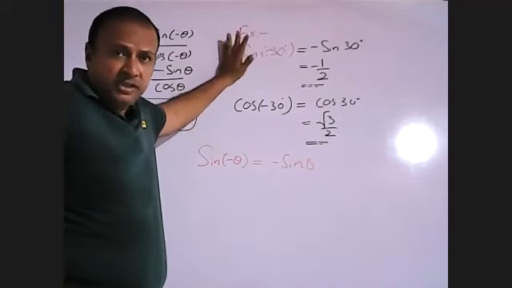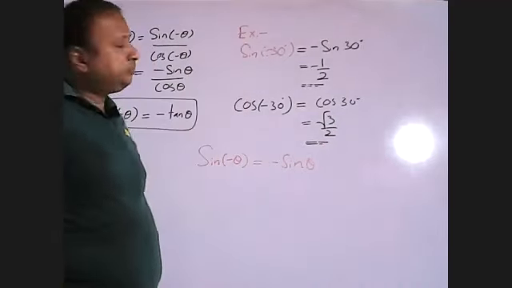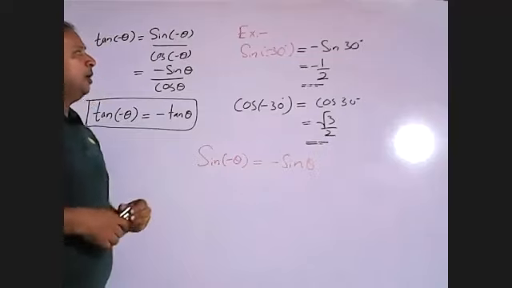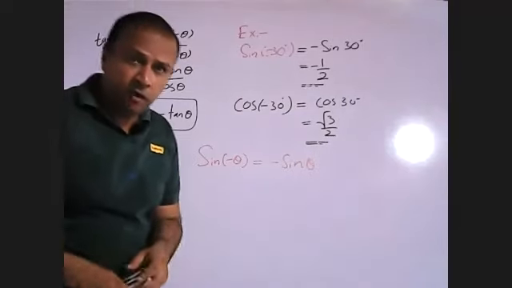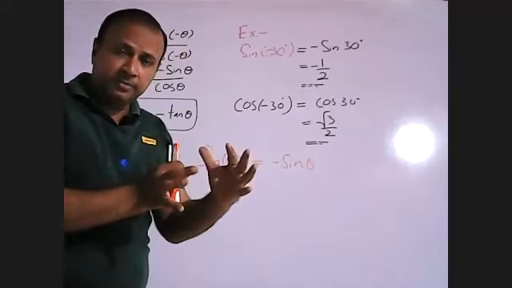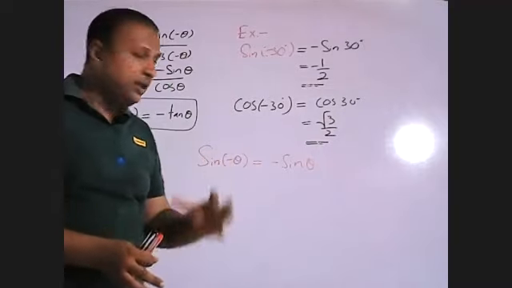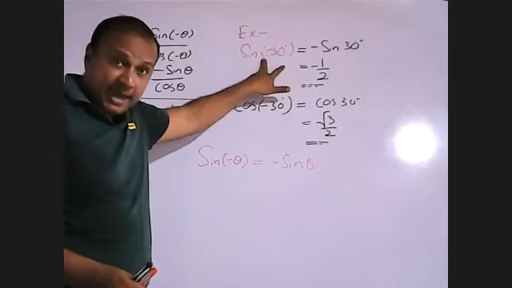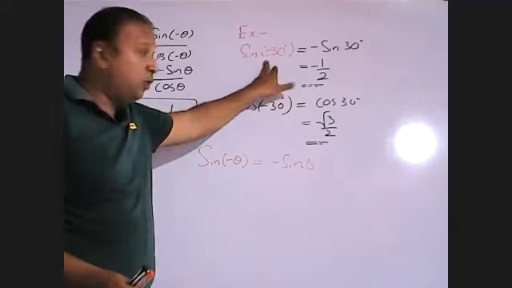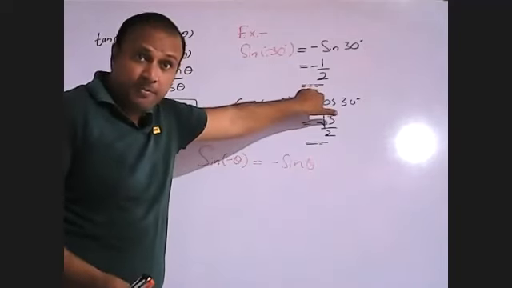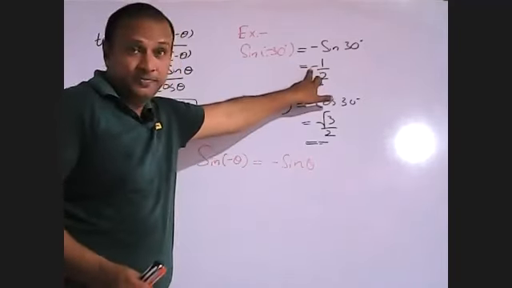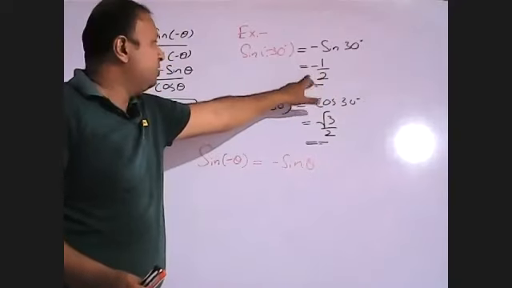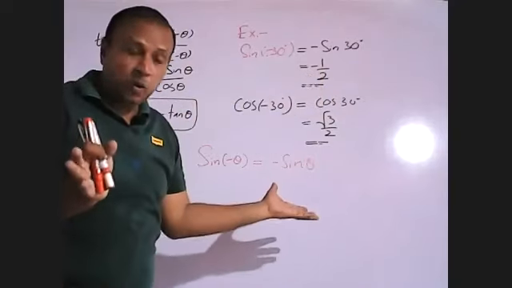Look at this again. If you want to find the direction of rotation, you should find it using the sign of the angle, not the sign of the ratio. This is the sign of the ratio. These two are totally different things.